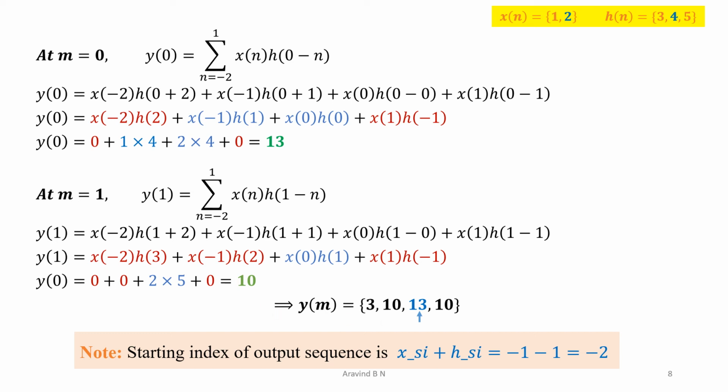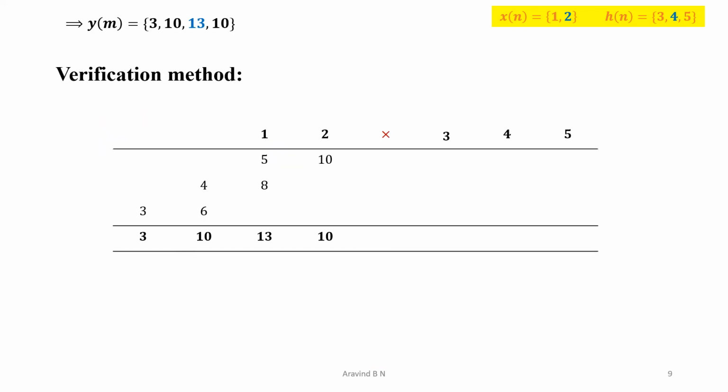Now since we have calculated, let us have a verification method which is very simple, and it is not going to consider the origin position into consideration. This is just a verification method that we can make use of, but don't consider this as an actual method of calculation, right?